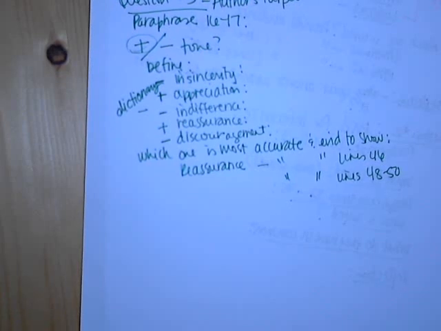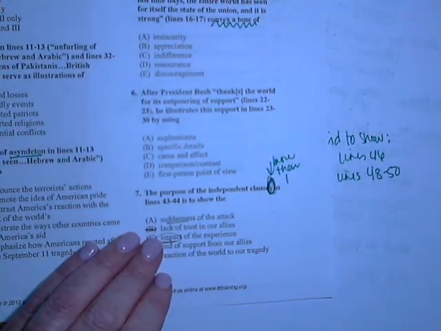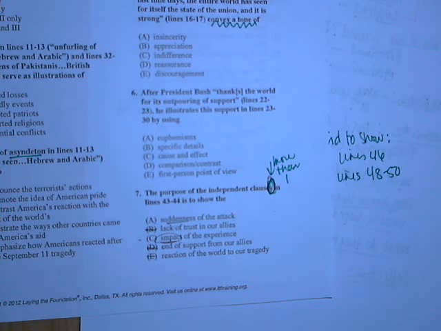Make sense? Okay. Question number 6. What would you label it? Look at the answer choices. I'll show you. We don't have any vocab and context today, but this is not vocab and context.